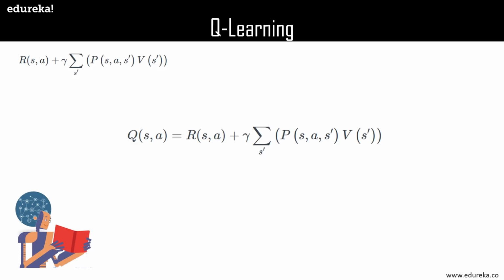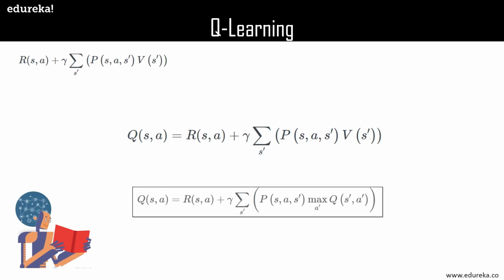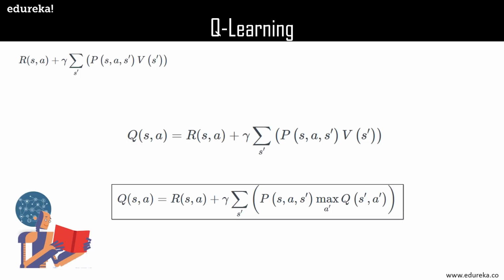Now that we have got an equation to quantify the quality of a particular action, we are going to make a little adjustment in the equation. We can now say that V of S is the maximum of all the possible values of Q of S comma A, right? So let's utilize this fact and replace V of S dash with a function of Q. So Q of S comma A becomes R of S comma A plus gamma of summation P of S, A, S dash and the maximum of Q of S dash, A dash.